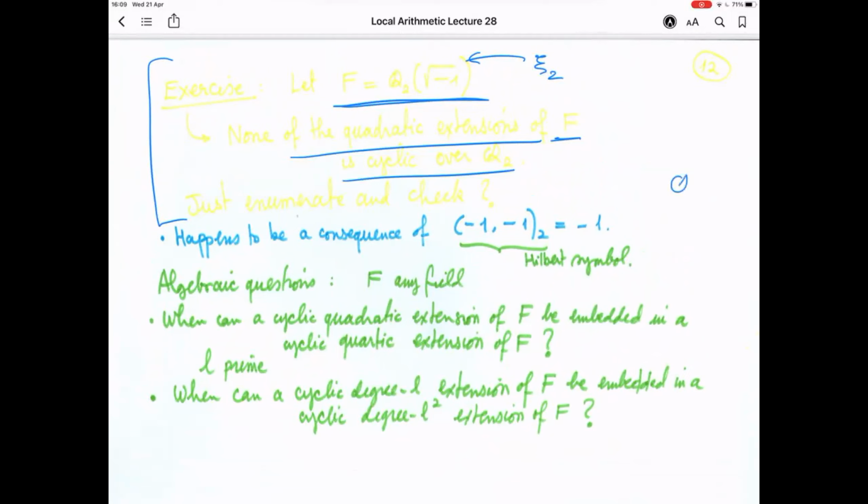So you have Q2, F, and I take a quadratic extension, let's call it E. This is of degree 2, this is of degree 2. Now this is of degree 4. This is Galois, but this is never Galois. No, I'm not saying it's never Galois. Sorry.